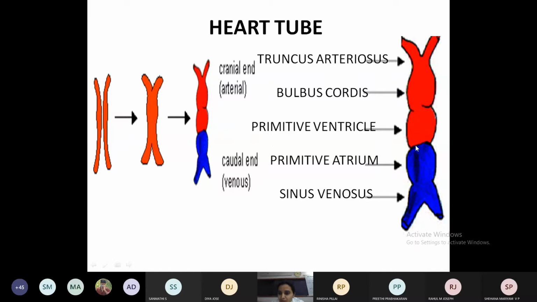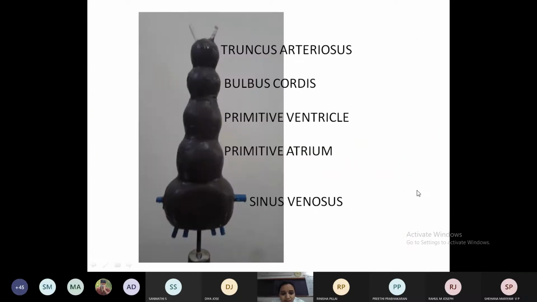This is the model we have for the heart tube, with 5 dilatations from above downwards. Can you see my cursor? Yes, ma'am.